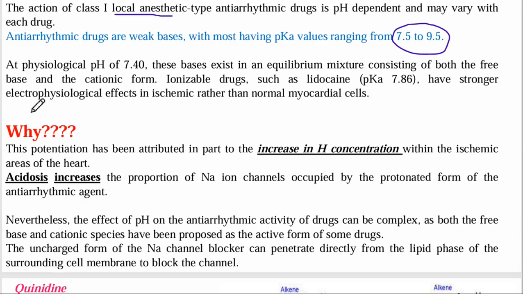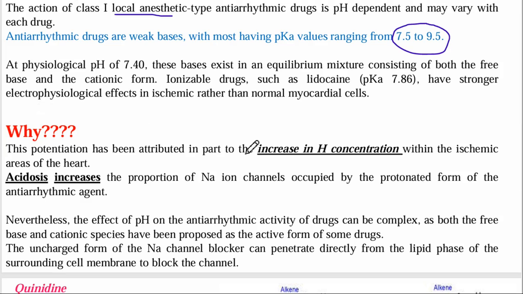Now this potentiation has been attributed in part to increased hydrogen concentration, and as there is an increase in hydrogen concentration, acidosis increases, and due to this, as acid is present in more proportion, the sodium ion channels occupy the protonated form of the antiarrhythmic drug.